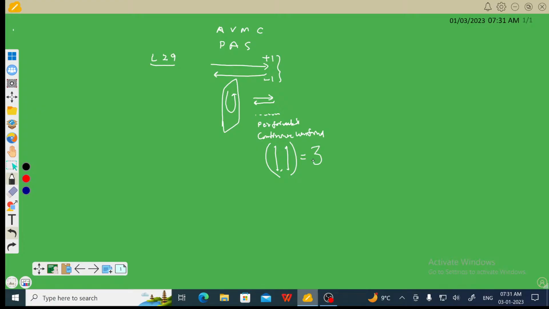The feature to be appreciated is that when there are reversal of orientations and when these get superimposed, these neutralize. +1 and -1 get neutralized.